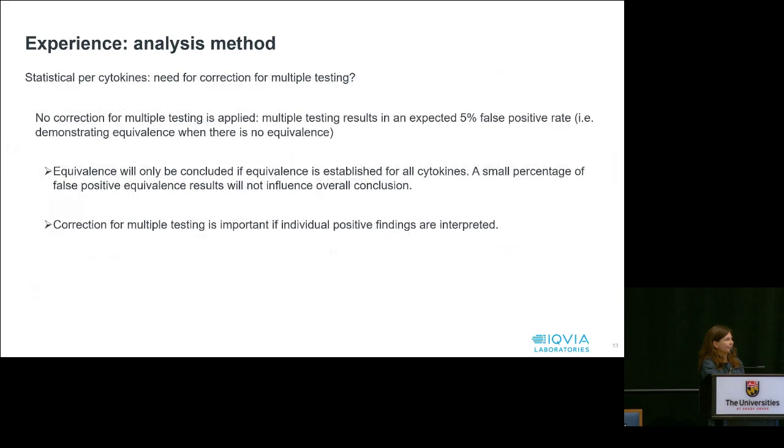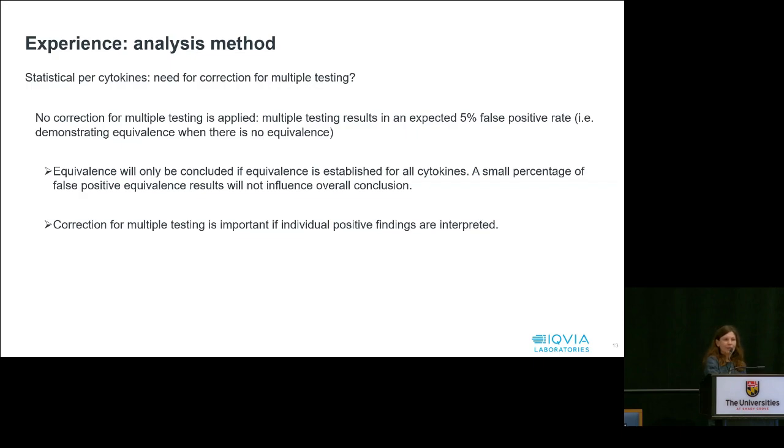Because we do a test per cytokine, we are, of course, multiple testing. So this raises the question if we should apply a correction for multiple testing. We do not do that because of the way that we interpret the results.